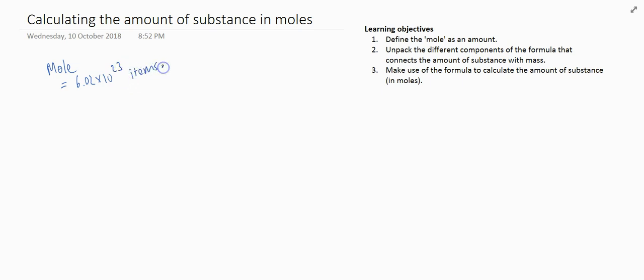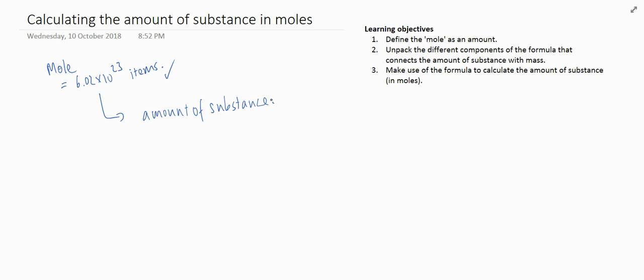Now while it's true, when we're dealing with chemical substances, it actually also becomes an amount of substance. So it's like the total amount of stuff that you have.